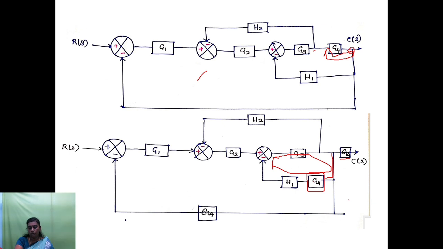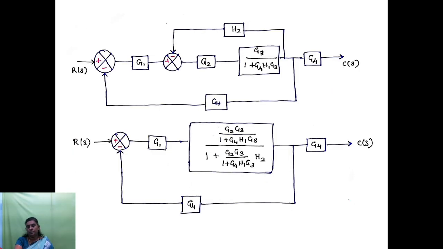So we have to apply the corresponding formula. After applying the corresponding feedback reduction formula, this feedback path is reduced to a single block with the gain of G3 divided by 1 plus G4 H1 G3. Okay, the remaining blocks will be the same.